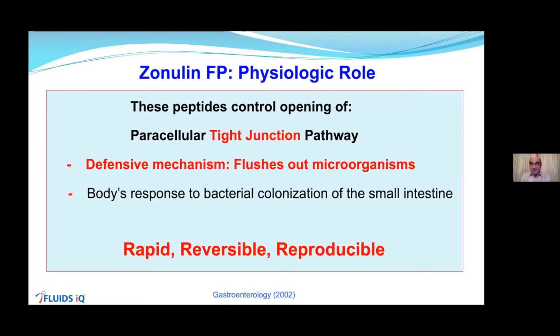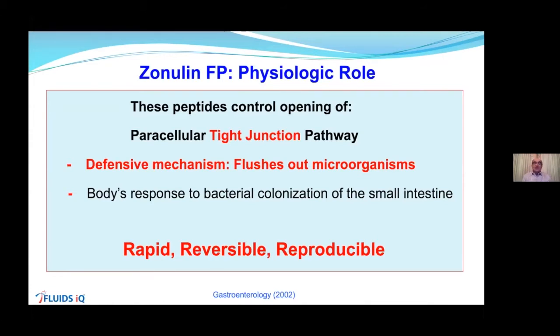It is a defense mechanism that the body developed for a very important reason, that if something is sitting on the other side of these cells that the body wants to get rid of, it needs to be able to flush those microorganisms or small peptides that it doesn't want. It needs to be able to flush them out. And so the way it does is it puts them into solution and flushes them out. And so that door opens. But if the door is open to let things out, it can also let things in.